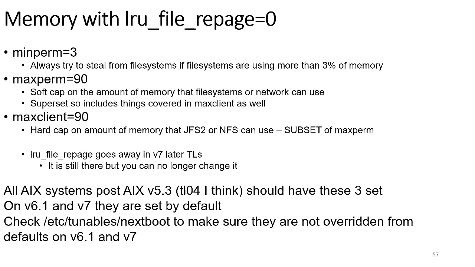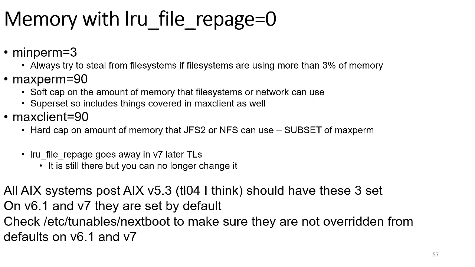What LRU file repage does is it says my min perm always is going to be set to 3%, and anytime that file systems are using more than 3%, I'll try to steal from file systems. Max perm and max client should be set to 90%. If they are not set to 90%, you should change them to that, unless you have something in writing from IBM that says that even though you're running on AIX version 7, you should change these.